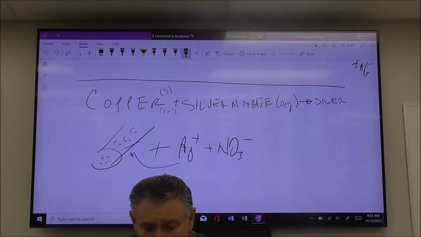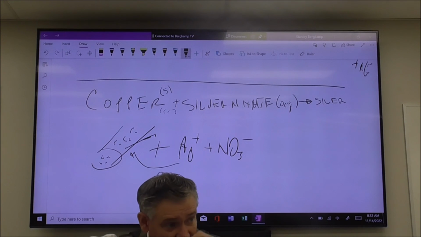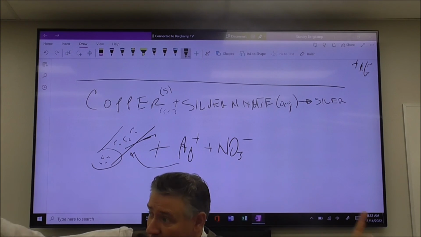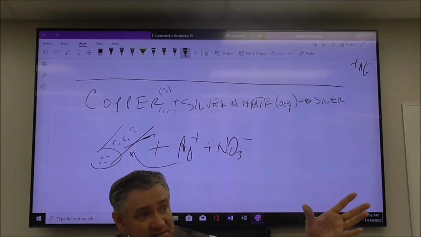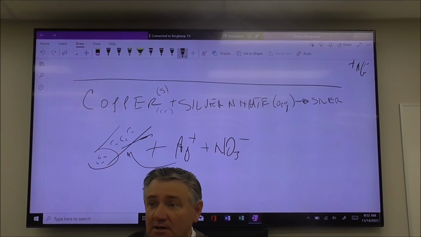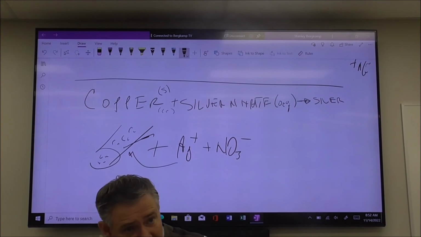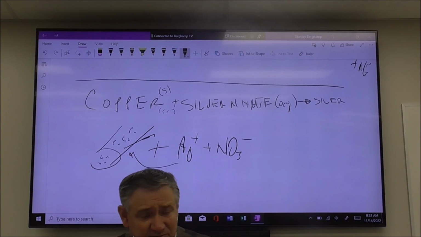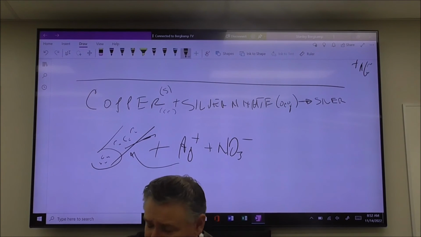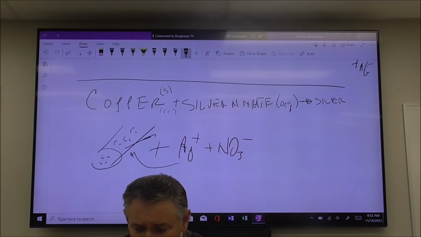But the copper, once it gives up its electrons, these are going to switch places. This is why this is a single displacement reaction, sometimes referred to as a redox reaction. So redox reaction and single displacement mean the same thing. So out of this, you're going to get silver and copper.